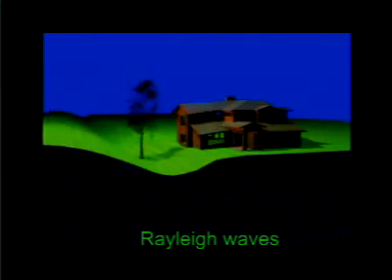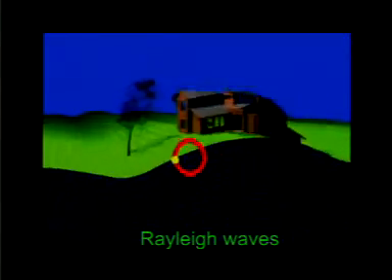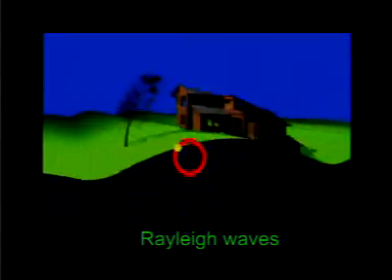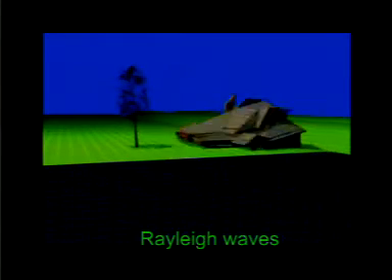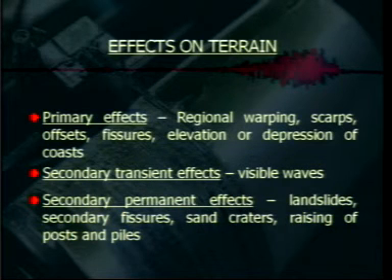You know that the wavelength and the amplitude of seismic waves is such that you can even see them traveling on the surface. So, that is the transient one. The secondary permanent effects are landslides, secondary fissures, sand craters, raising of pores and piles.